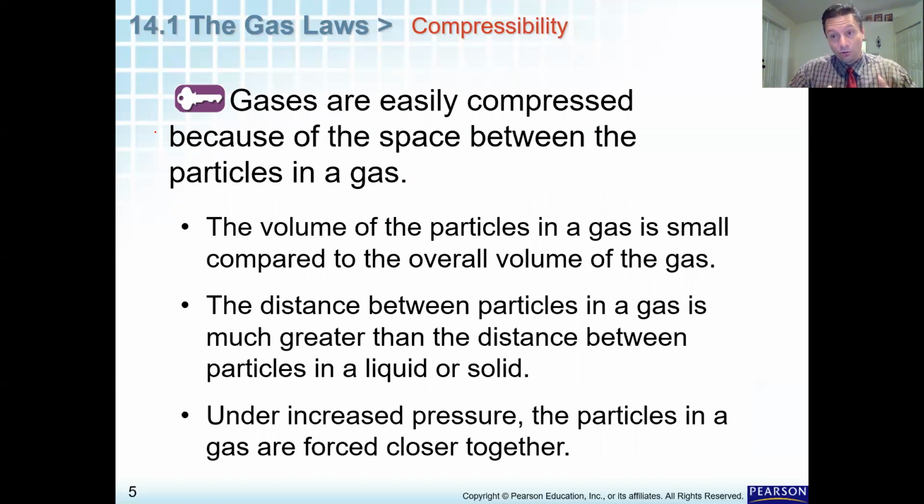That was from earlier this week. That's really important to understand. The gas molecules are very small and there's a lot of space in between them, so you can push them together. The distance between the particles in a gas is much greater than the distance between liquids and solids. And under pressure, the particles are forced together.